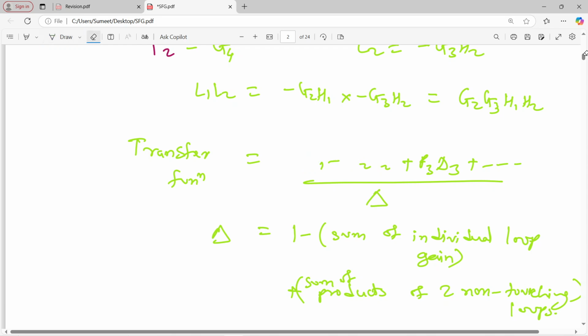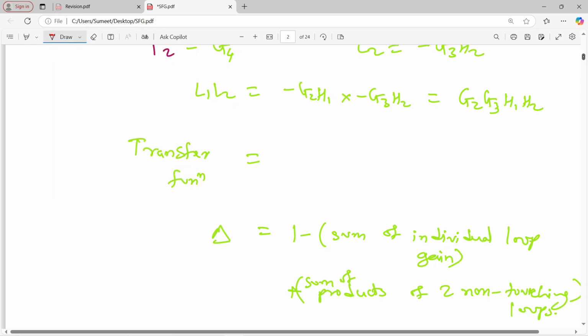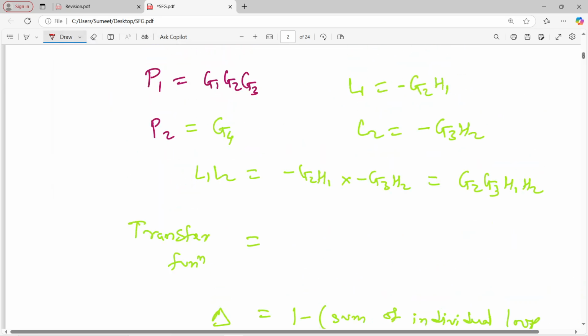So you just have to put the values. Your overall transfer function will be P1. What is the value of P1? G1, G2, G3. Now, delta 1. In the formula, P1 delta 1 plus P2 delta 2 upon delta.